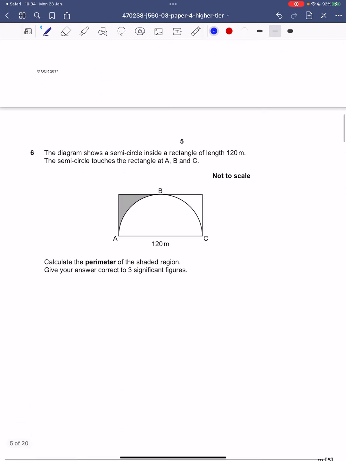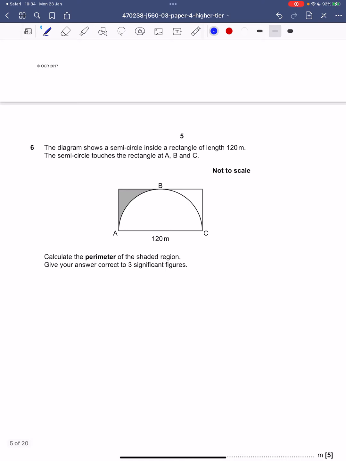Okay, number 6. Diagram shows a semicircle inside a rectangle of length 120. The semicircle touches the rectangle at A, B and C. Okay, so because this is a semicircle, 120, which is the length of the rectangle, is also the diameter of the circle.